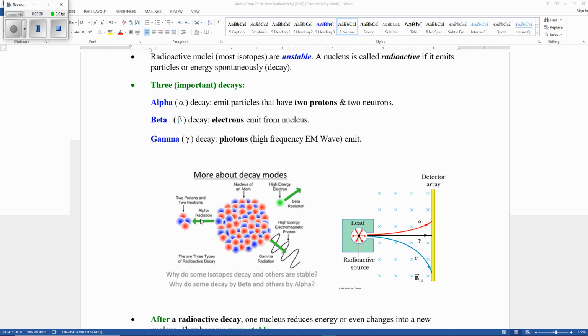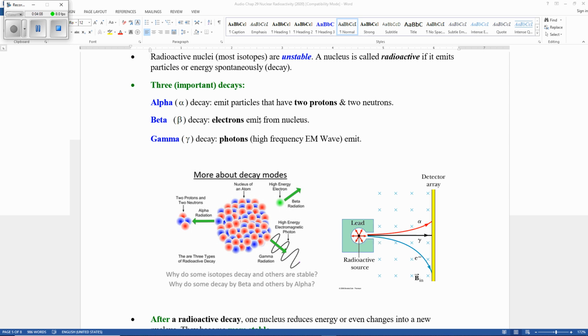Not like the alpha decay, where 2 protons and 2 neutrons come out, and then the nucleus changes to another nucleus because the number changes. In beta decay, 1 neutron changes to a proton, so the atomic number changes, from one nucleus to another. But in gamma decay, before and after are the same. You just have some energy released. High frequency and high energy.